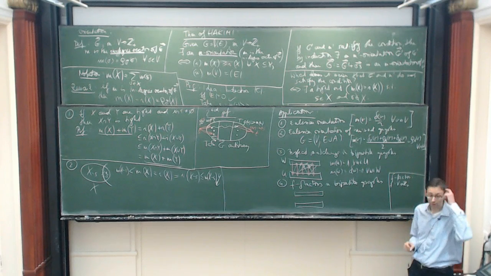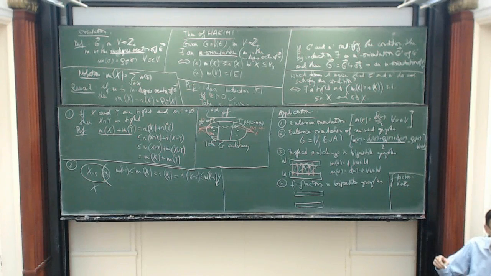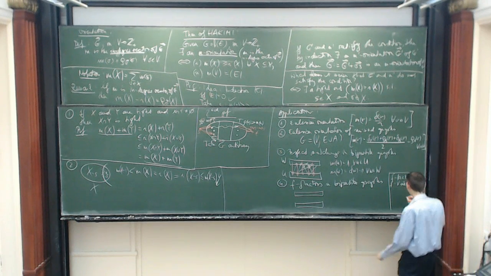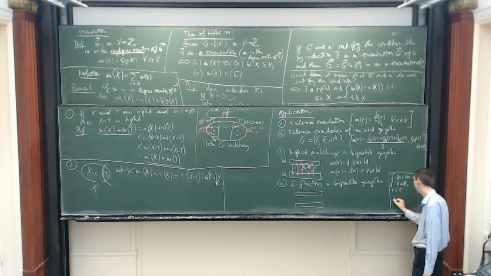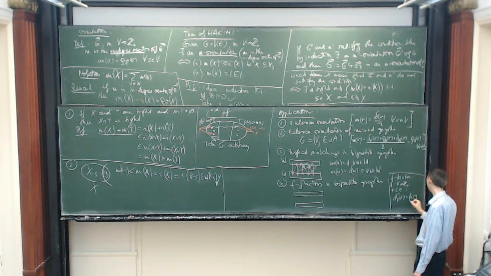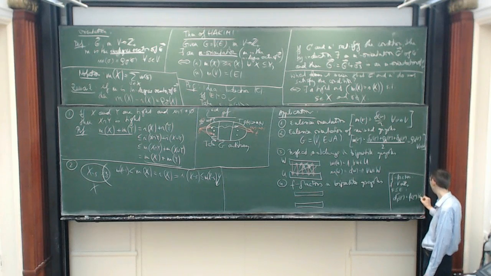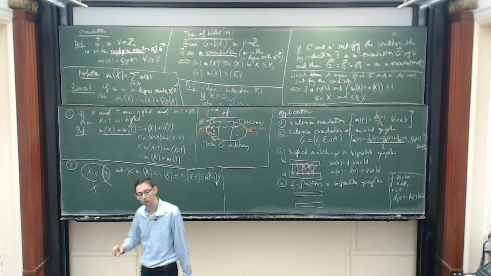And then an F factor is an edge set, like a matching. A matching is a 1 factor. For each vertex, the degree is exactly 1. So F factor is an edge set such that the degree in F of every vertex is exactly the value written on that vertex. Okay, so this is an F factor.